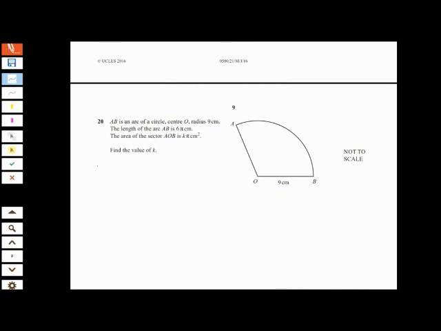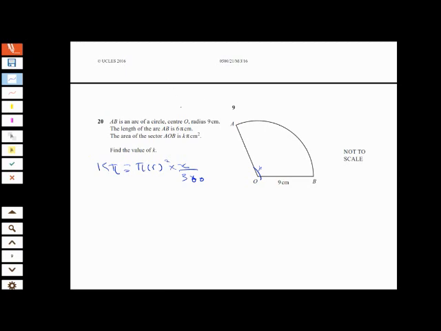What you do here is, k pi is the area, right? Now what's the formula to find out the area of a sector? It's pi r square times the angle, let's call it x, over 360.